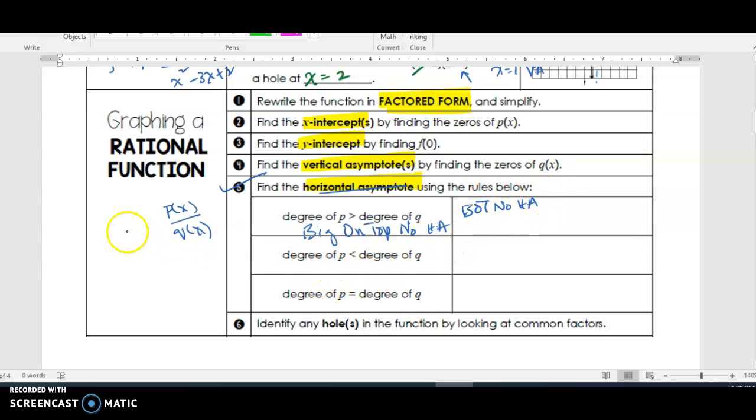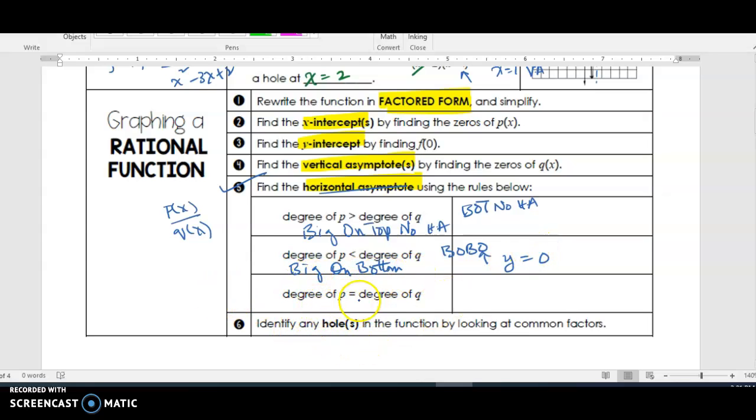If the degree of the numerator is less than that of the bottom, in other words, big on bottom, then it's BOBO. What is that? The second O here is actually saying that the horizontal asymptote is y equals 0 in all cases, okay? All cases of big on bottom.